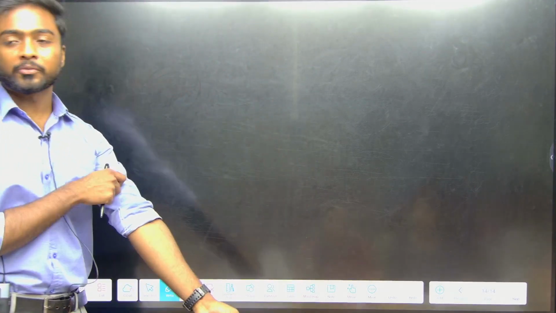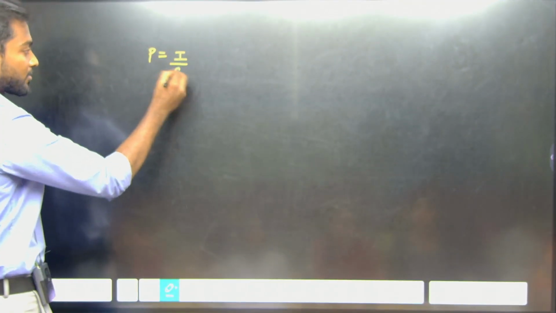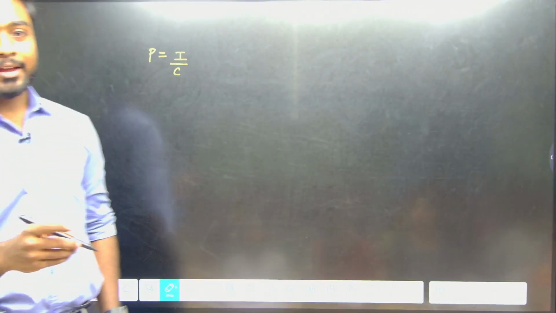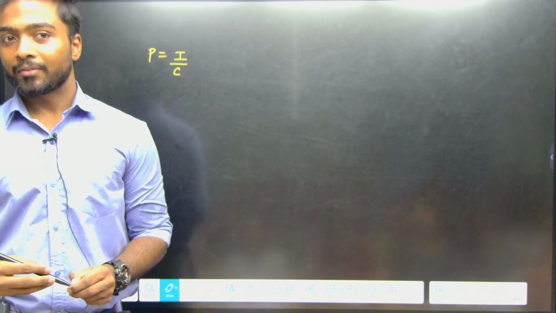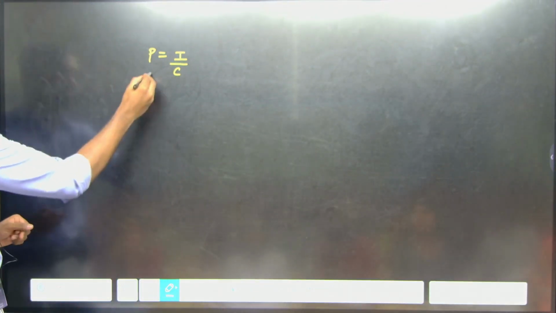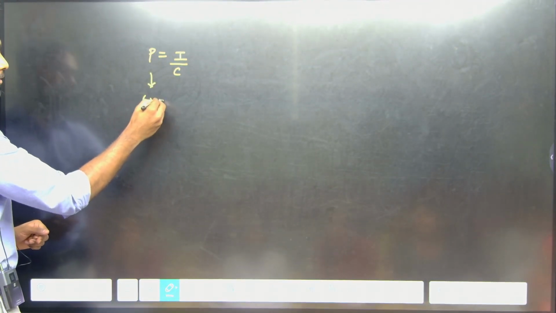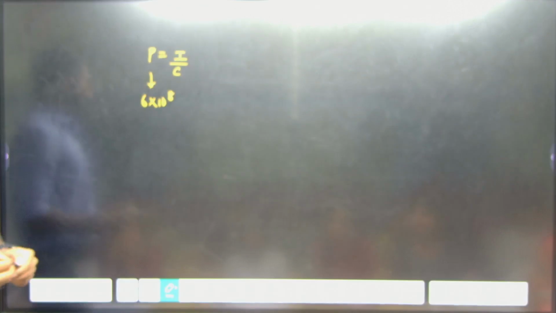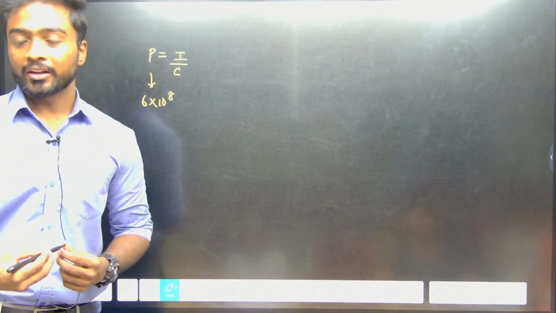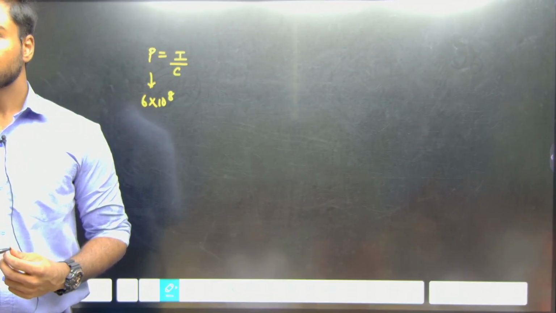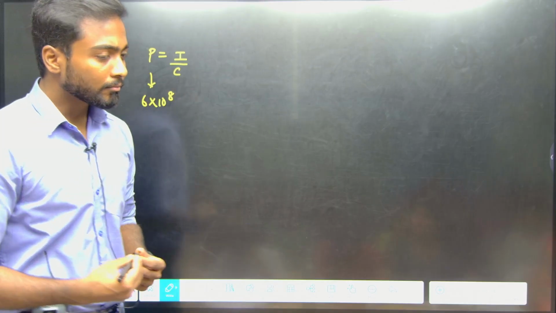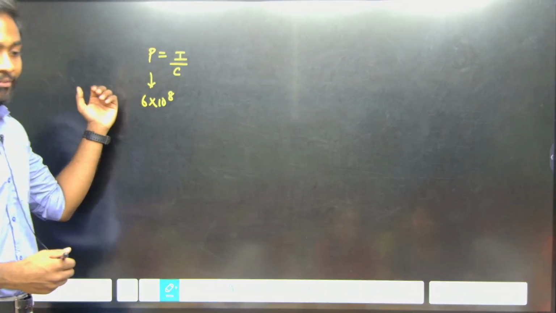What were the given terms there? So it is completely absorbed, which means P is equal to I by C. Radiation pressure they have given, which means the value of pressure is how much? Okay, so what is the thing they are asking? Intensity they have given.